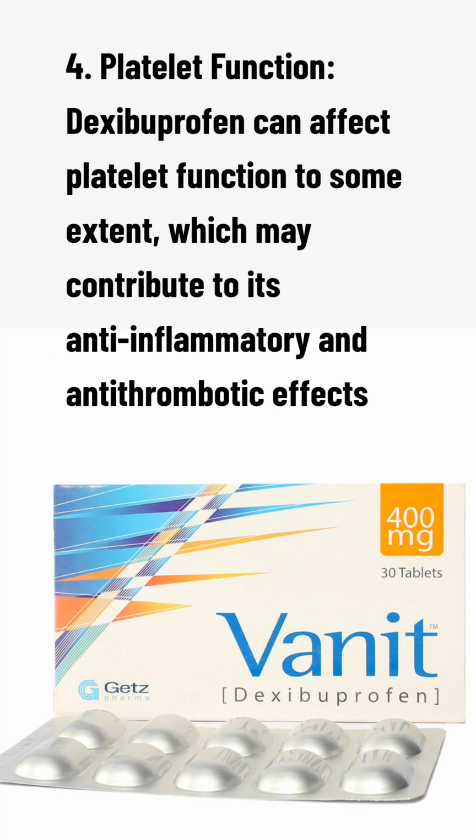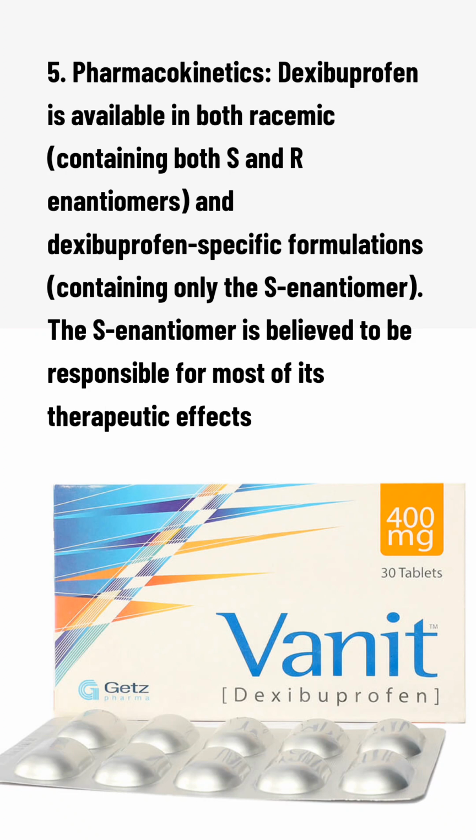4. Platelet function. Dexibuprofen can affect platelet function to some extent, which may contribute to its anti-inflammatory and antithrombotic effects. 5. Pharmacokinetics. Dexibuprofen is available in both racemic (containing both S and R enantiomers) and dexibuprofen-specific formulations containing only the S enantiomer.